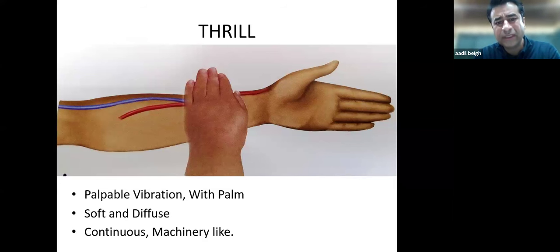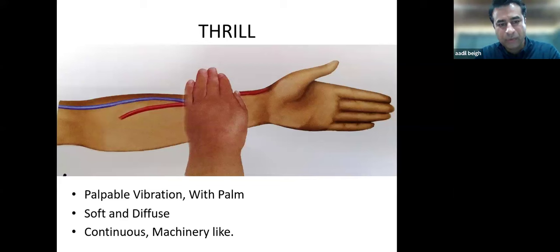It's a diffuse, continuous thrill, in diastole and in systole, like a machinery murmur in PDA. If there is only a systolic thrill, that means there is some resistance ahead. If there is a loss of thrill and the appearance of a pulse, with no thrill, only pulse, that means the stenotic lesion is very tight.